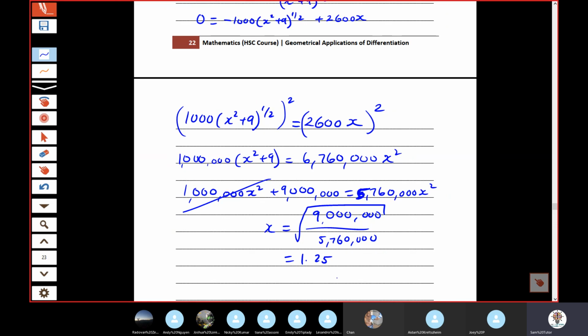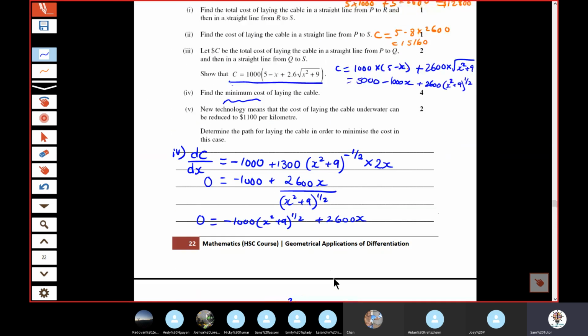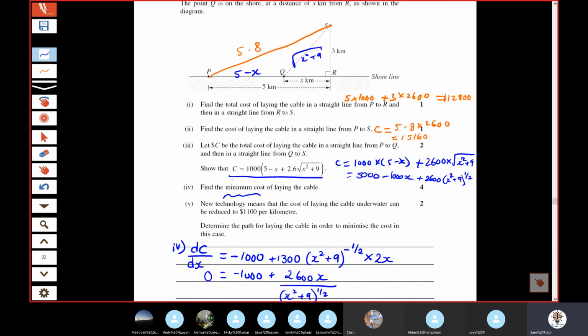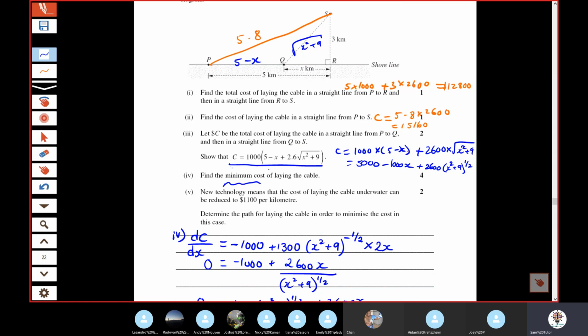So let's go back and see what the heck that means. All right, x. That means as long as x is 1.25, we'll be able to get the minimum cost. Again, pretty unique stuff. You think of a company that's going to employ people to do this, etc. If they can work out the minimum cost, they can save a lot of money.